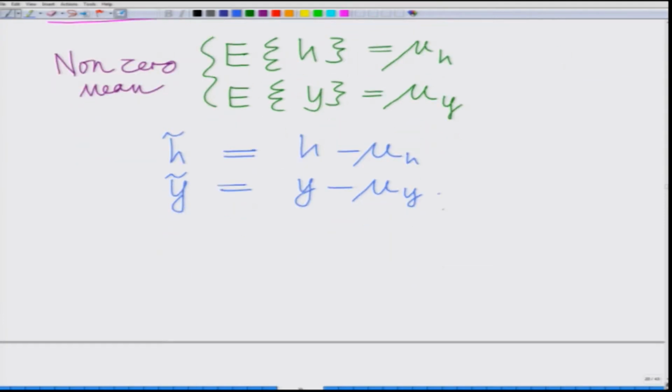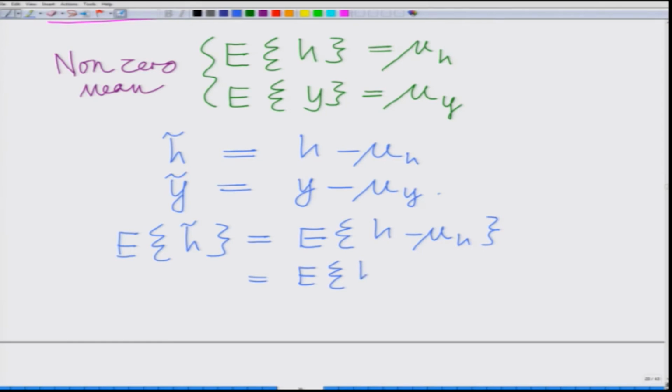So, that naturally follows, because expected value of h tilde equals expected value of h minus mu h, which is equal to 0. Similarly, expected value of y tilde equals 0.